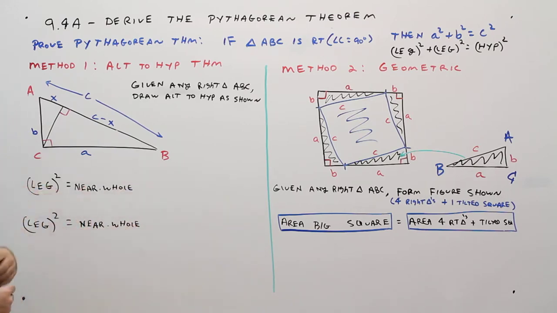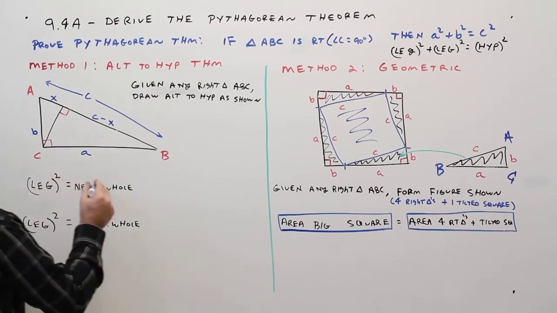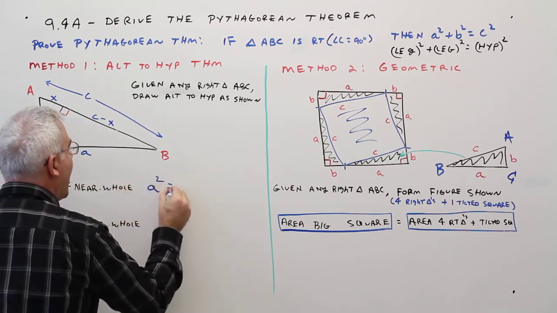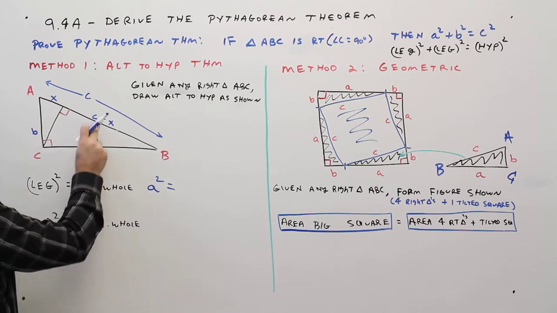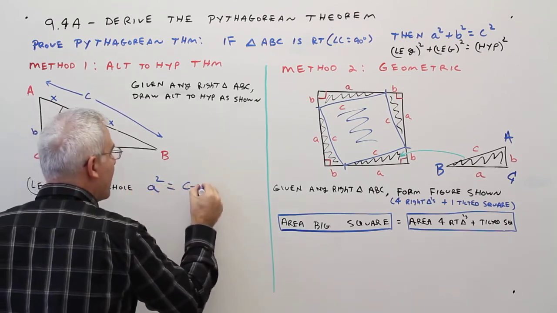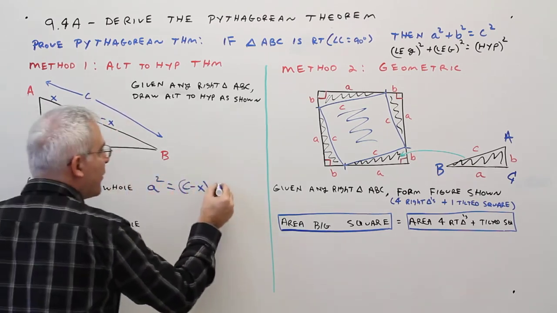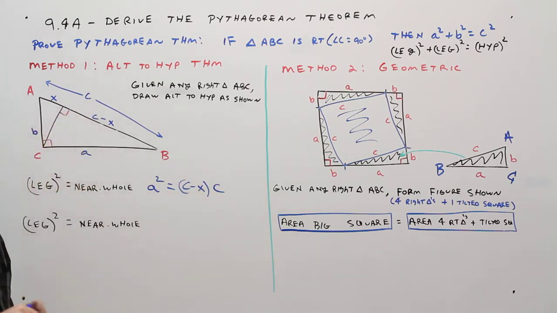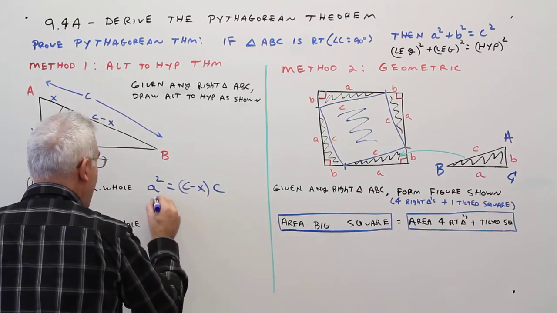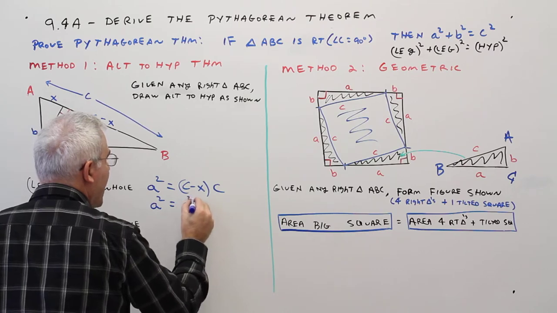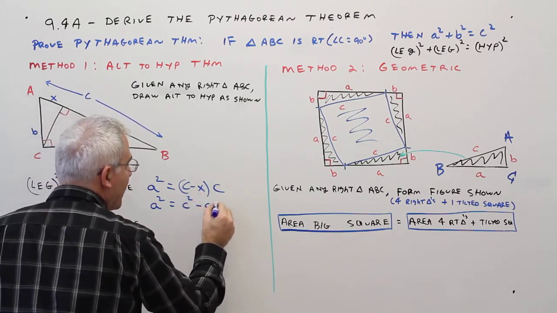Leg squared equals near times whole. So a is a leg, so I can write a squared equals near, c minus x, times whole c. And if I wanted to, I could distribute: a squared equals c squared minus cx.